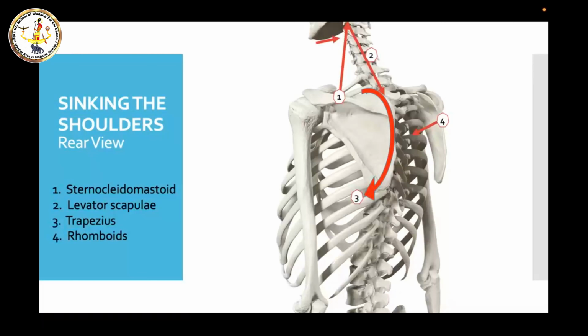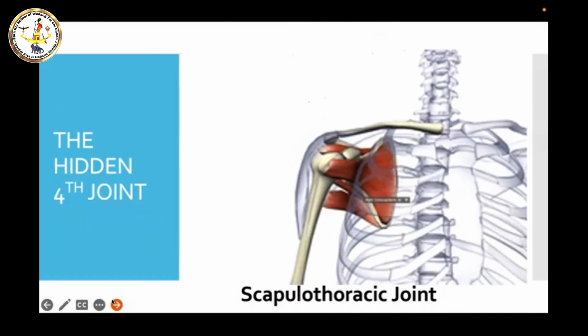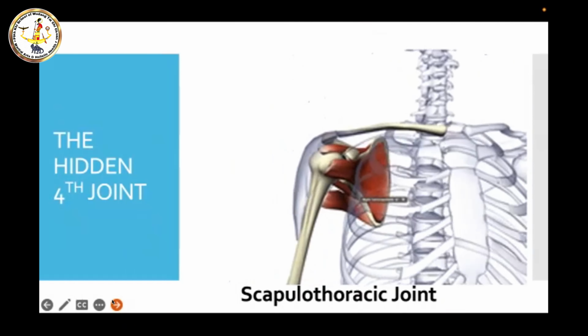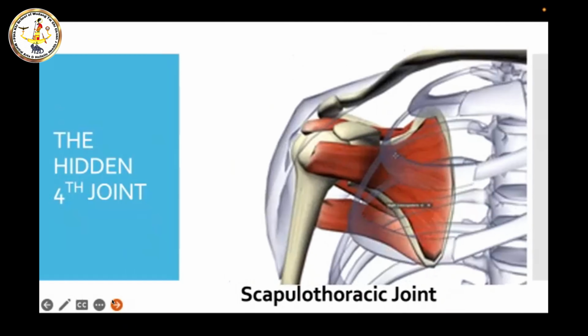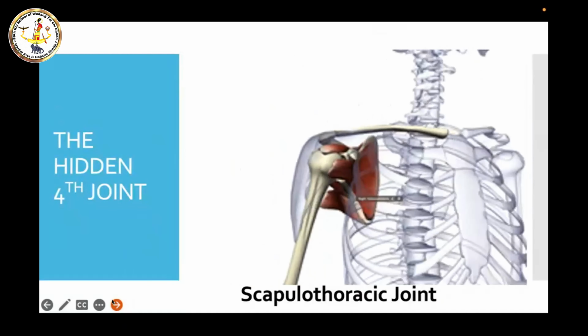For those of us who take this further, when we're practicing Tai Chi or some kind of activity, pushing hands or our Qigong, it's the same thing. We have this awareness of the sinking of the shoulder. And at the back here, we've got this additional joint, which we don't discuss too often, the scapulothoracic joint.